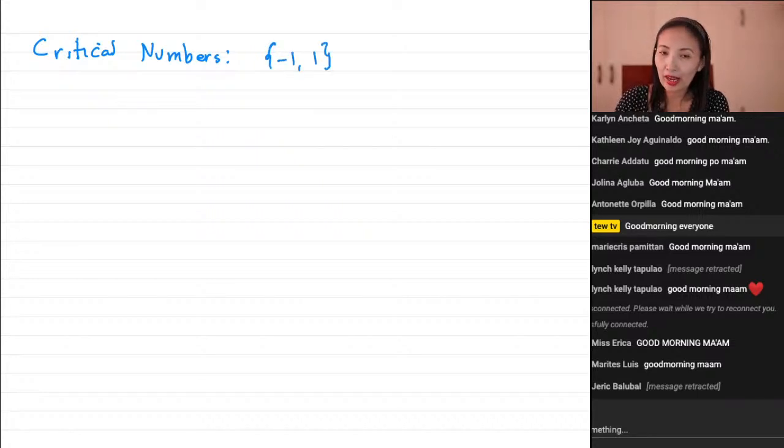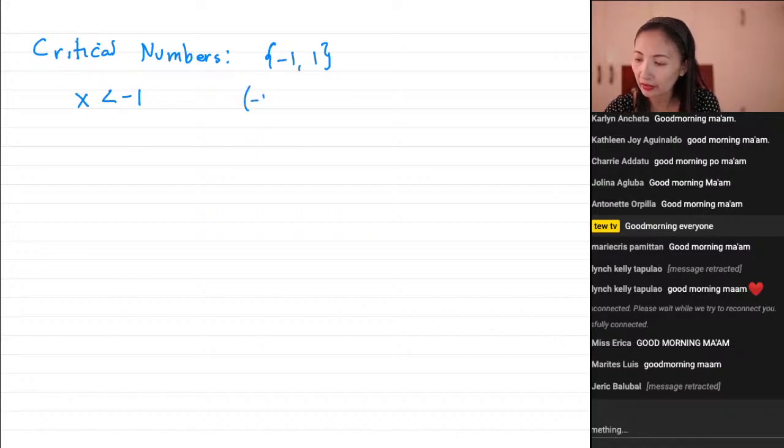So, let's divide the interval -infinity to +infinity using our critical numbers. So, we'll have one interval, x less than -1. The other interval will be from -1 to 1.